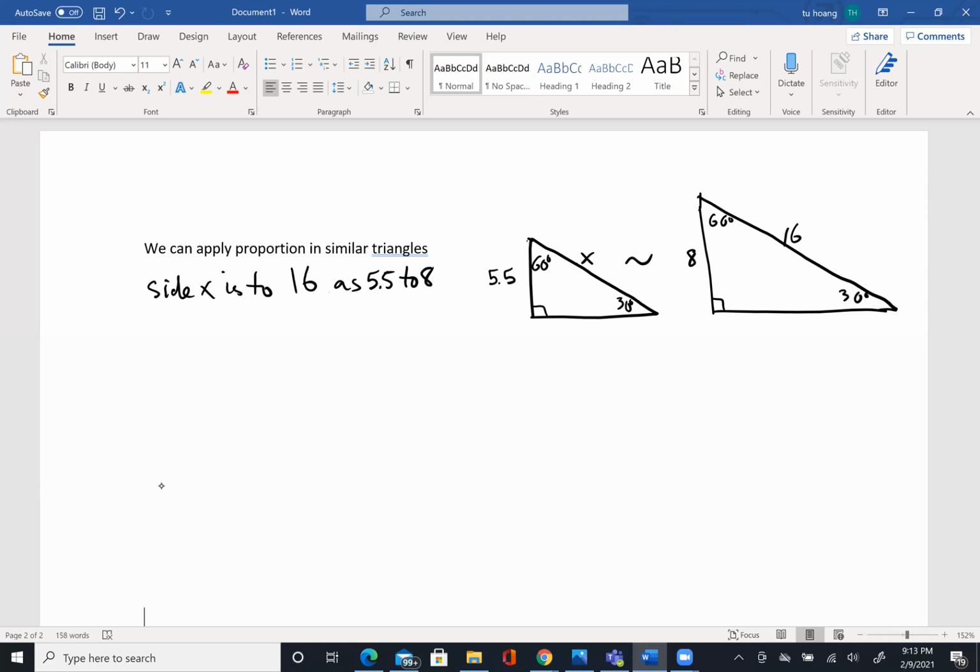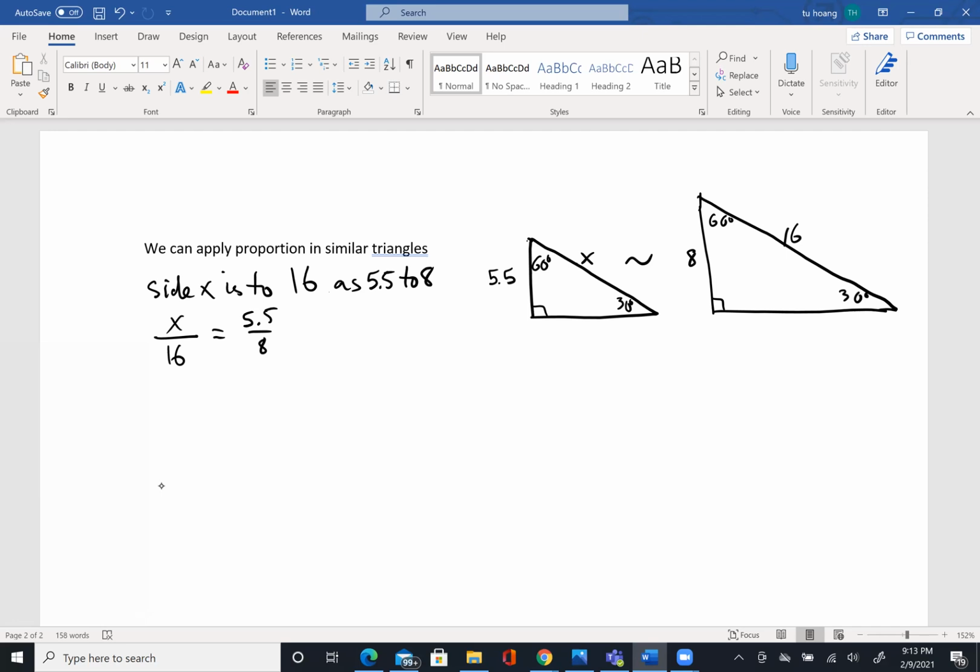So we can write it as x over 16 equal to 5.5 over 8. So see that I always try to put the x on the top. So later on I'm gonna just multiply by 16 both hand sides, multiply by the denominator of the fraction that has x.